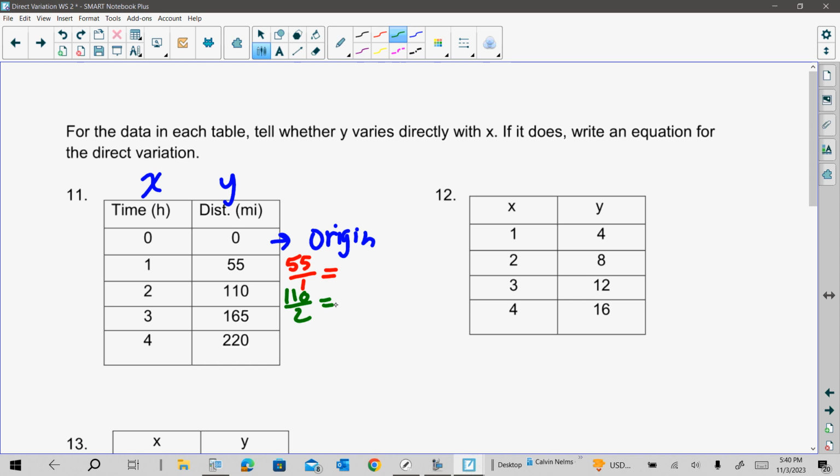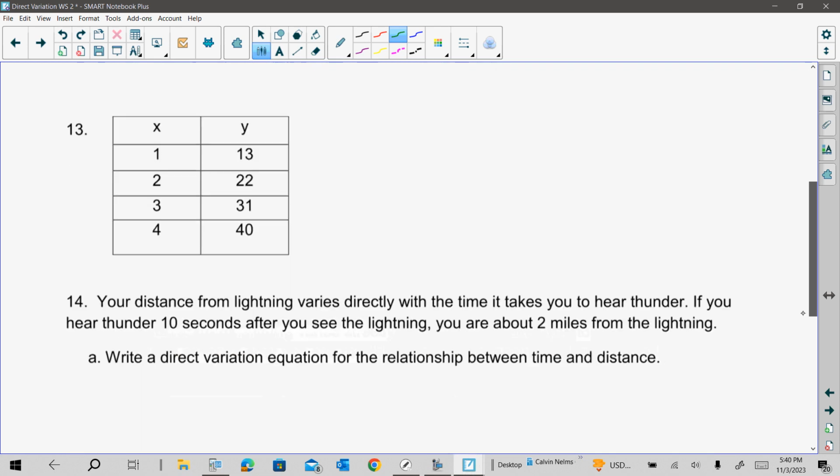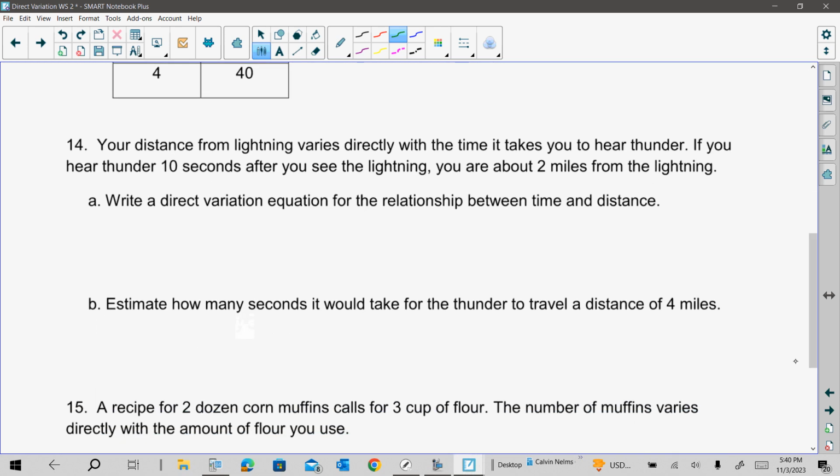And then you have 2 word problems, and I want to talk about the word problems. You look for some key information here. Now, on 14, we're talking about the distance from lightning varies directly with the time it takes you to hear the thunder.